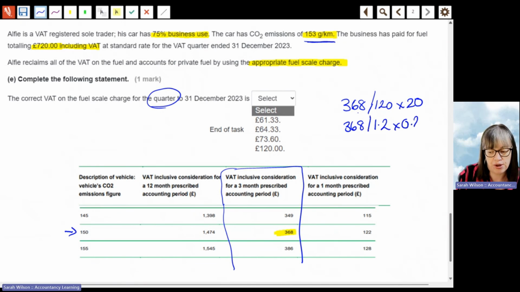Divide by 1.2 and multiply by 0.2. This will then give you the answer of 61.33. Don't get confused in the question because they're giving you what they've paid for fuel as 720, including VAT. That's irrelevant because we're going to be using the fuel scale charge for the private fuel.